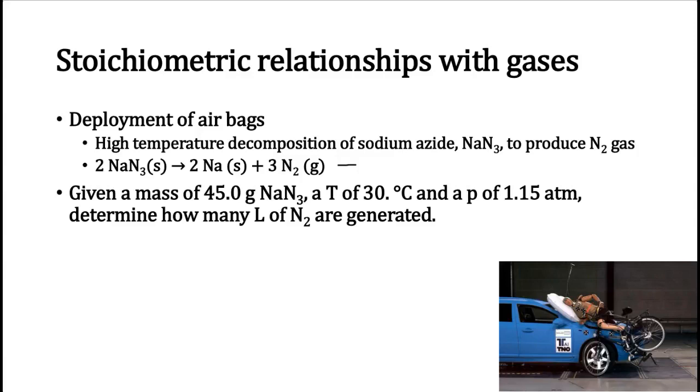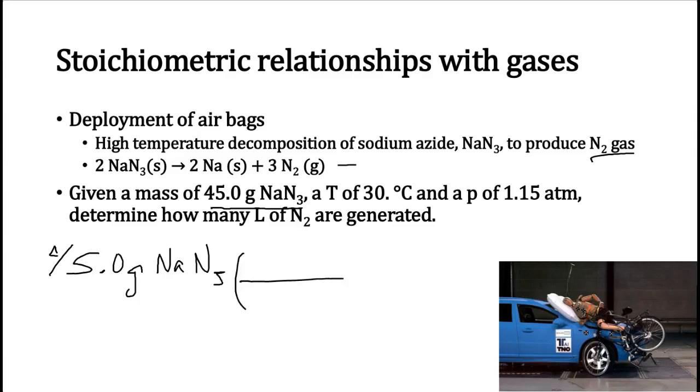Well, how are we going to figure out how much nitrogen gas can be produced? We're given a mass of sodium azide, so we can't compare mass to mass. We need to convert that from mass to moles. So we're going to start with our 45 grams of sodium azide, and then we need to convert that to moles.